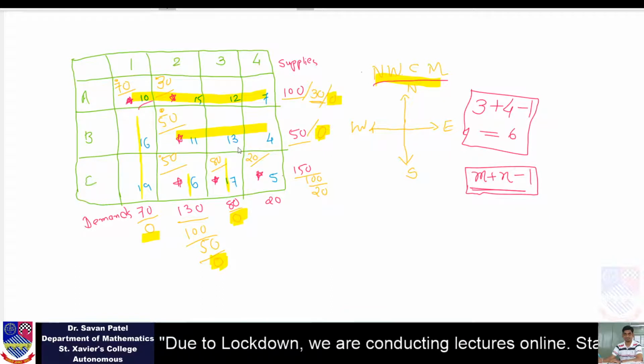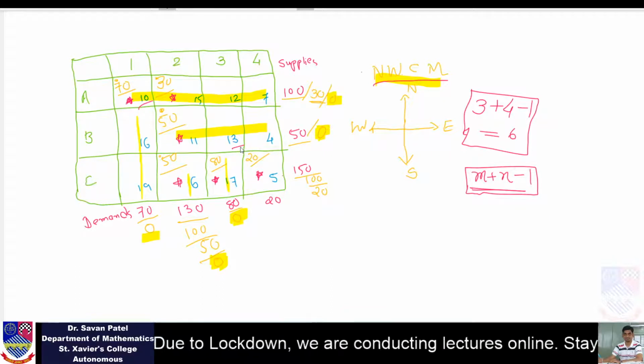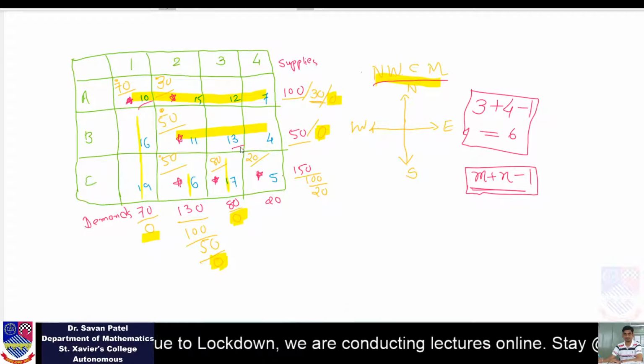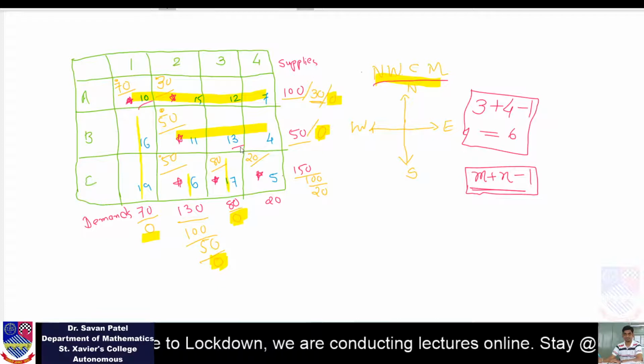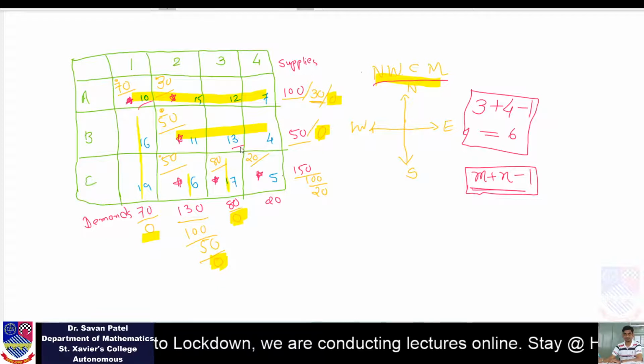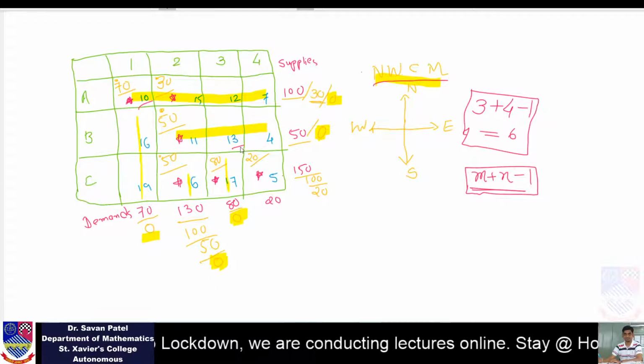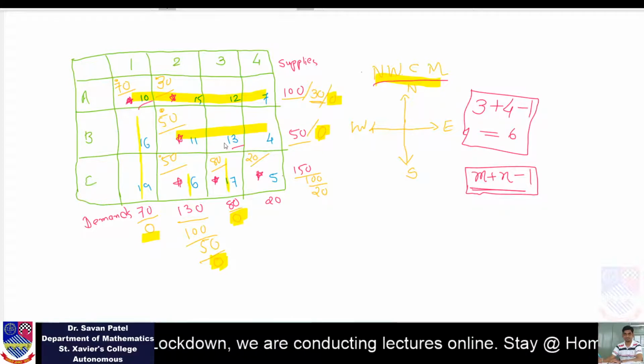So we don't know where this solution will be, whether near to the optimal solution or far from it. But in one more problem we will see how to solve a problem by the northwest corner method.